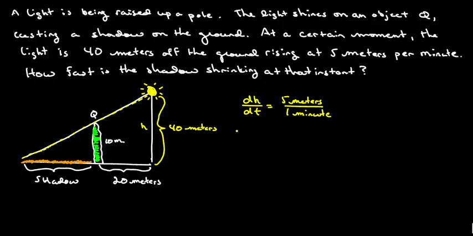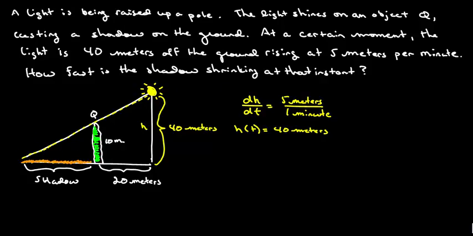Okay, we also know that the height value, we don't know what time this occurs at, but the height that we're specifically looking for is 40, the object, the light, is 40 meters high. Okay, now what we're asked to find is how fast is the shadow changing, or is it shrinking?